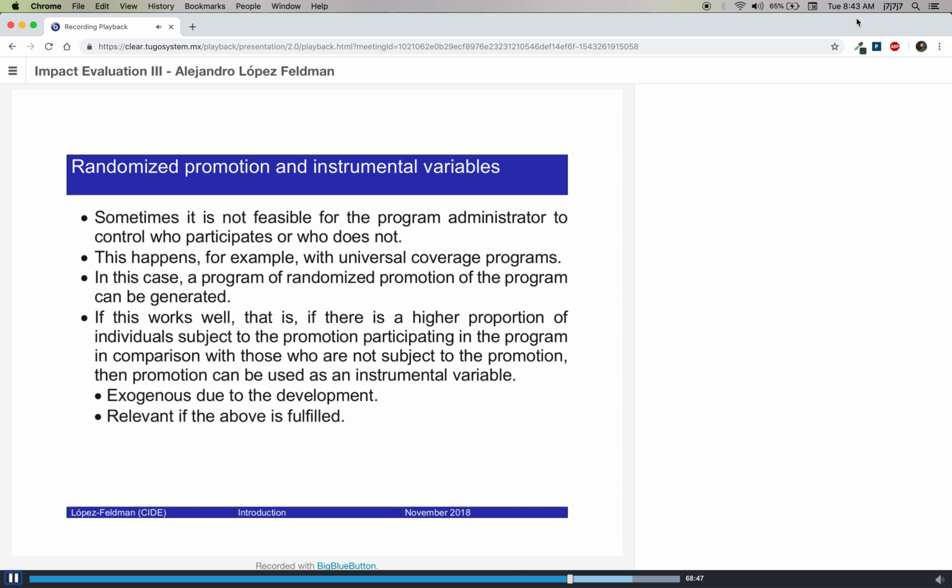I am going to choose different communities, and then I am going to promote the program in some, and in others I am not. So in the places where I am promoting the program, participation is going to increase, and thus I am generating an instrumental variable because this has to do with random assignment, or exogenous promotion, and of course the instrumental variable is going to be exogenous.